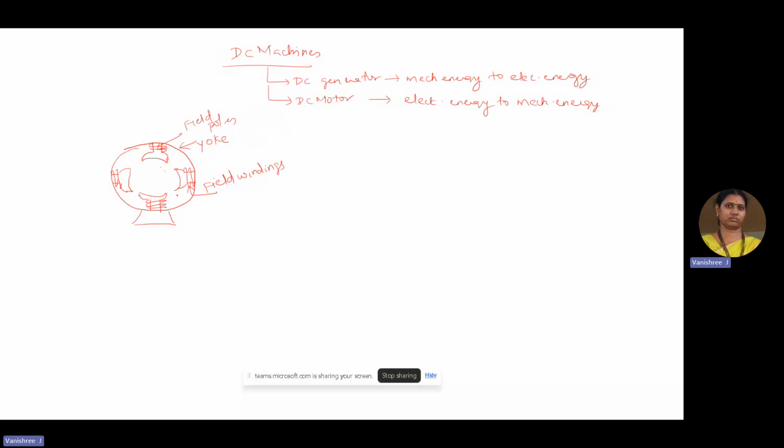Here, if you just see, these field poles are curved at the edges which are called pole shoes. The reason for the curved nature of the pole shoes is to spread the magnetism.